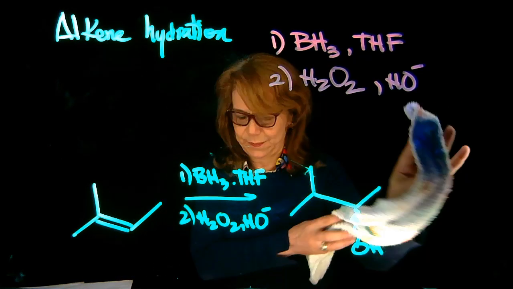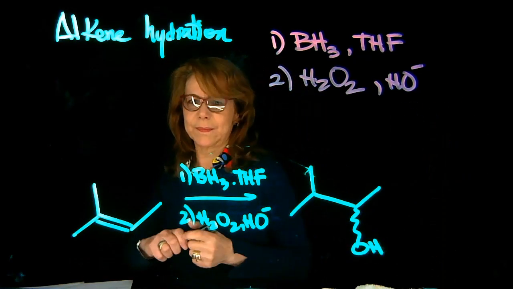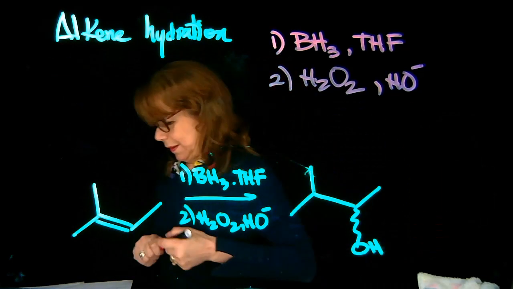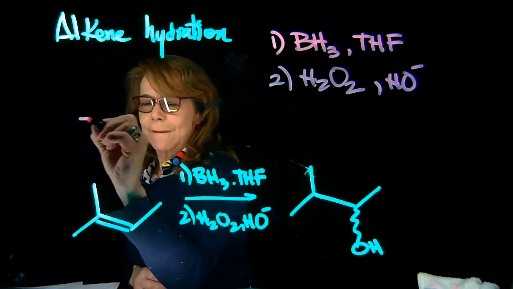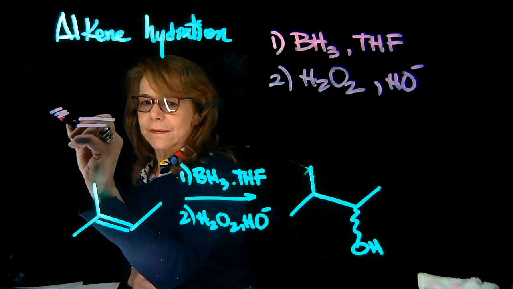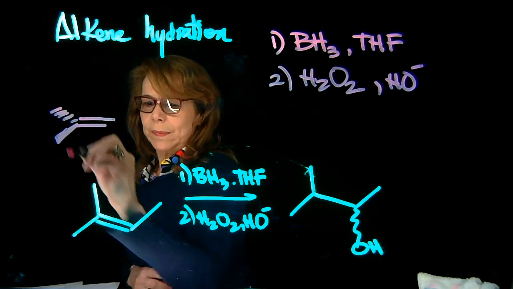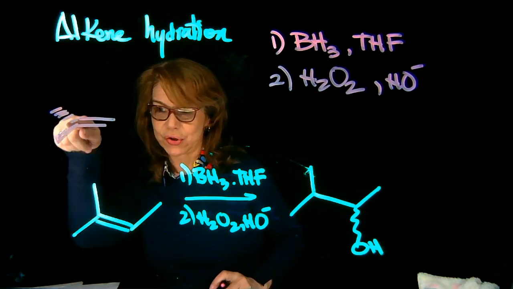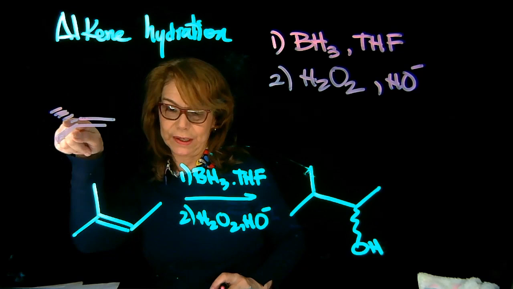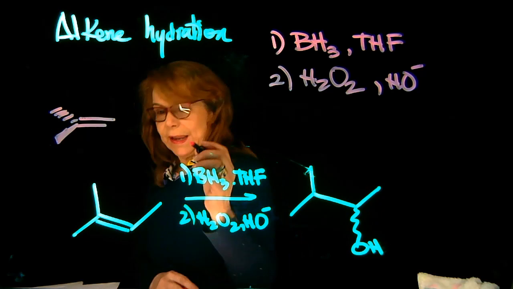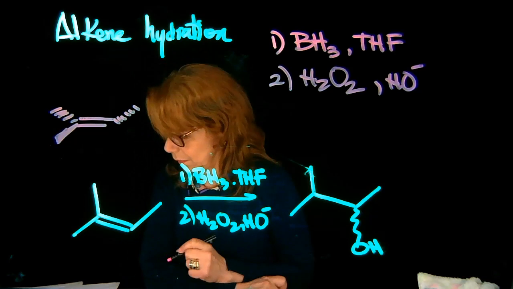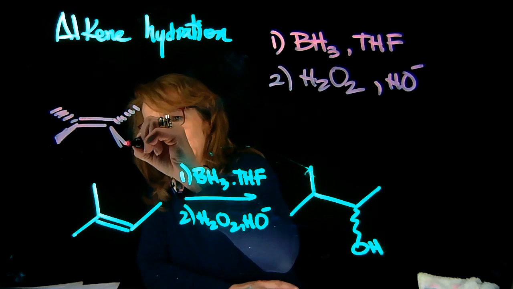Let's say the molecule here is drawn like that, with methyl groups going in dashes and in wedges. And here I have a methyl, and of course, here I'm going to have a hydrogen.